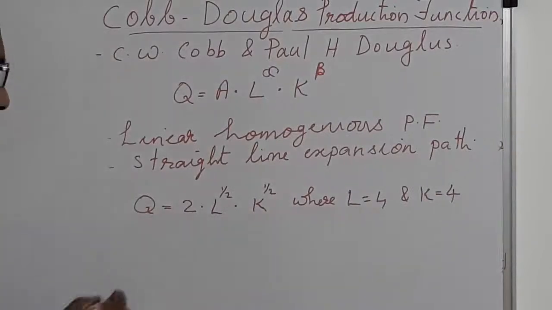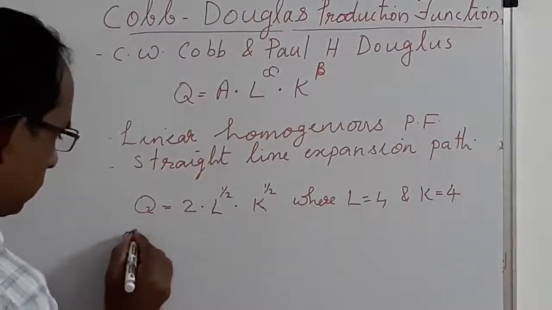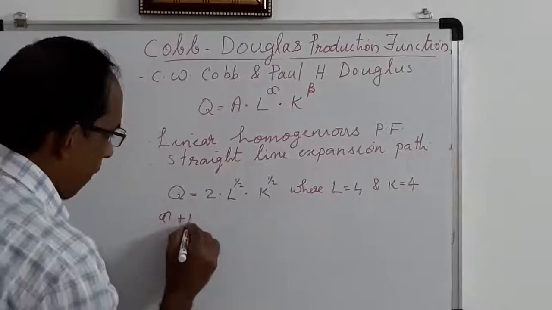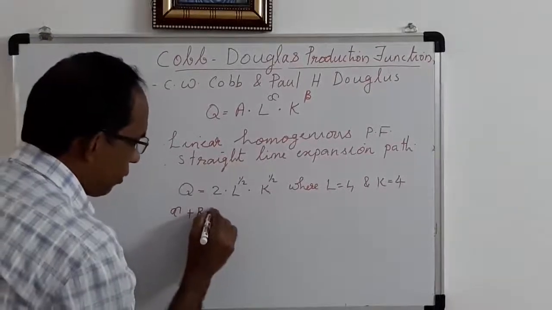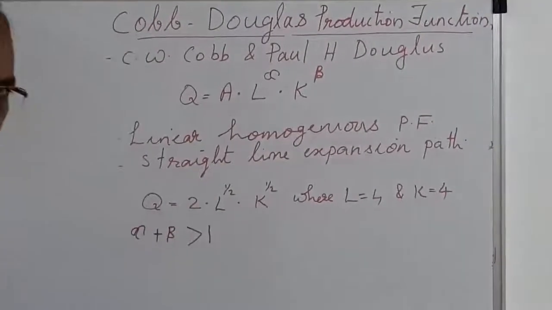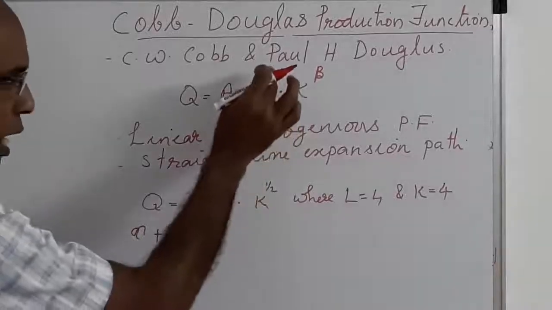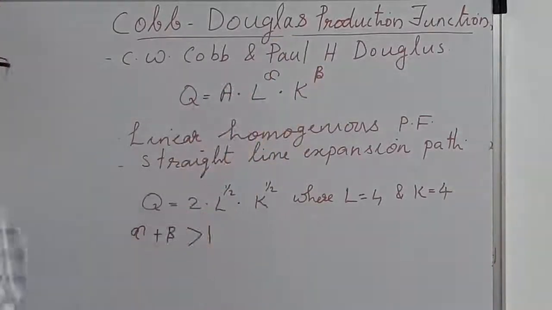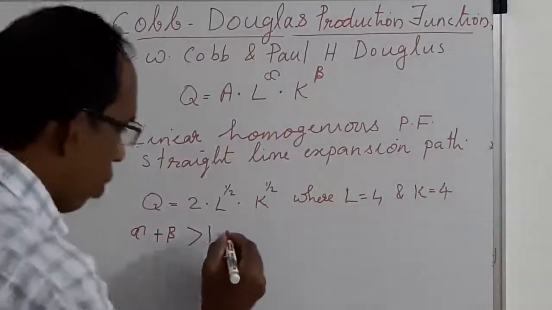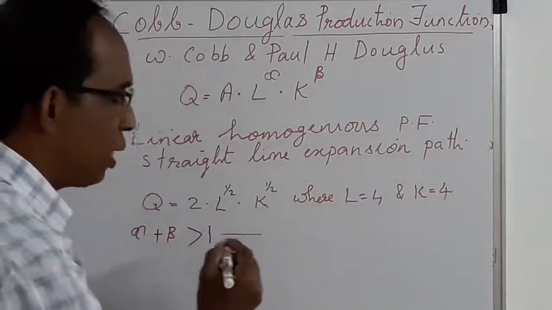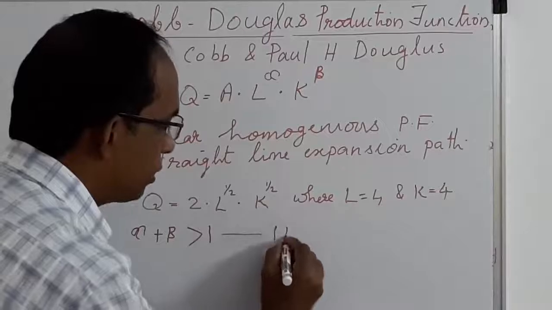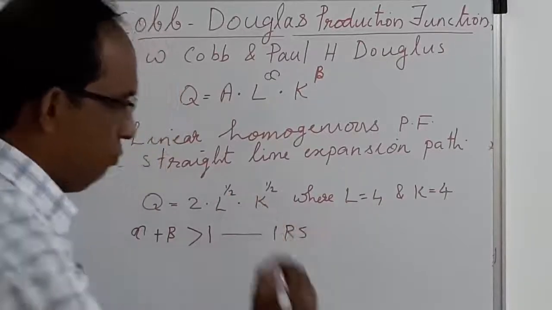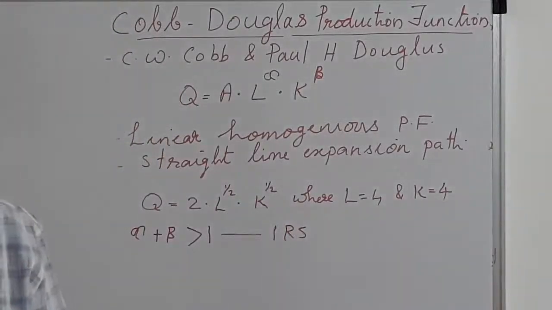If alpha plus beta is greater than 1, that is, if the sum of alpha and beta is greater than 1, the production unit experiences increasing returns to scale. Increasing returns to scale.